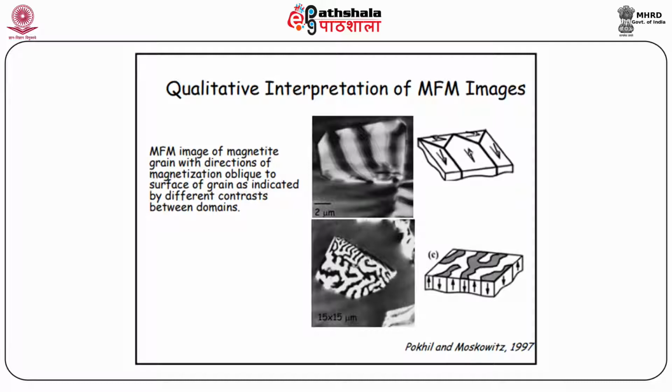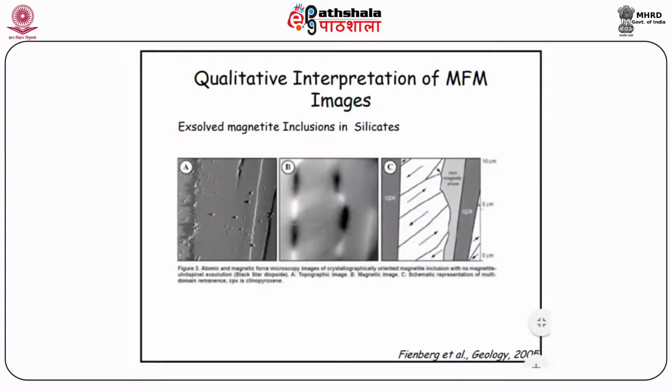Two photographs have been given and the reference has been indicated there. Slide number 17 gives the qualitative interpretation of MFM images. An exsolved magnetite inclusion in silicates has been taken and shown here.